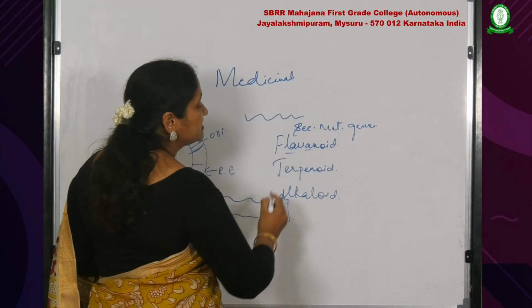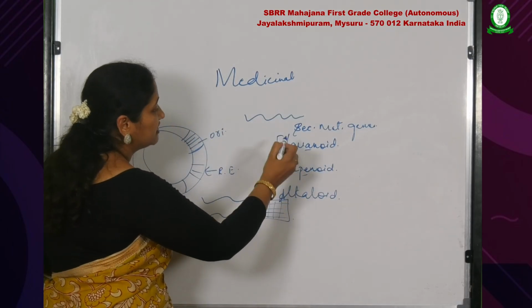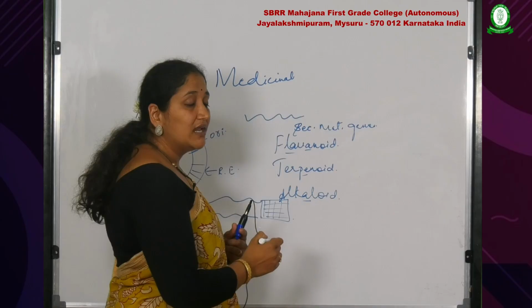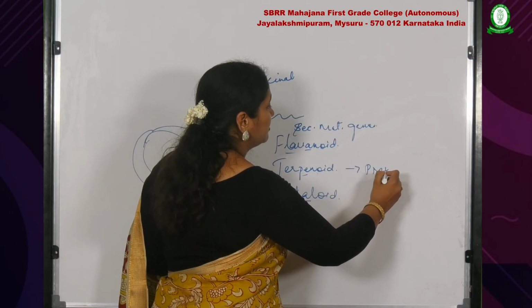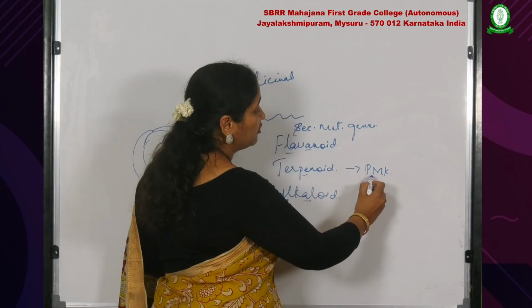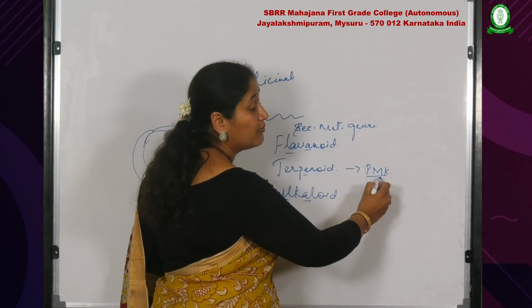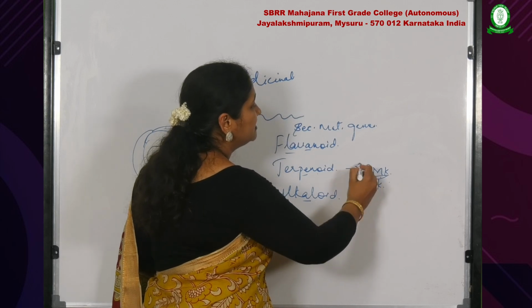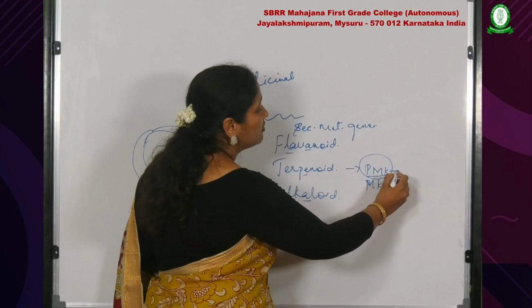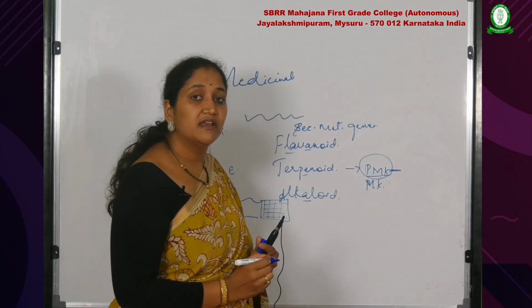For example, it may be the flavonoid pathway, the terpenoid pathway, or the alkaloid pathway. In the terpenoid pathway, the foremost important pathway genes can be phosphomevalonate kinase, and all these are key enzymes. How can we target this particular key enzyme?